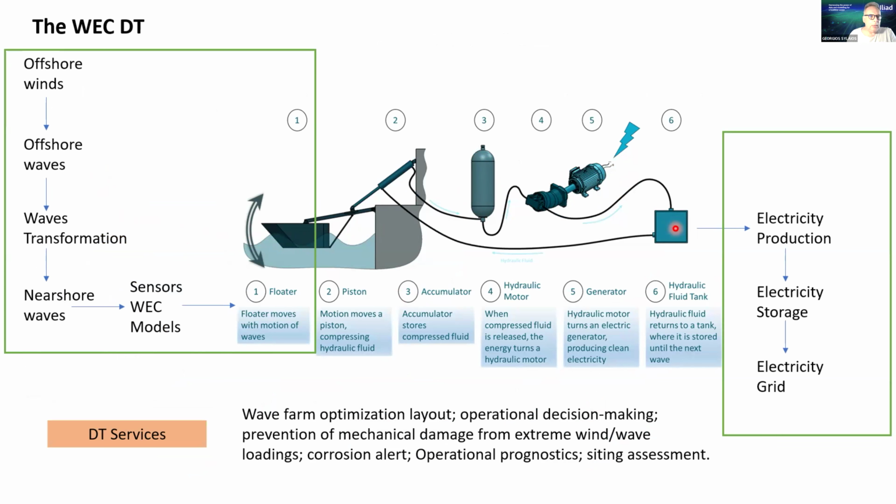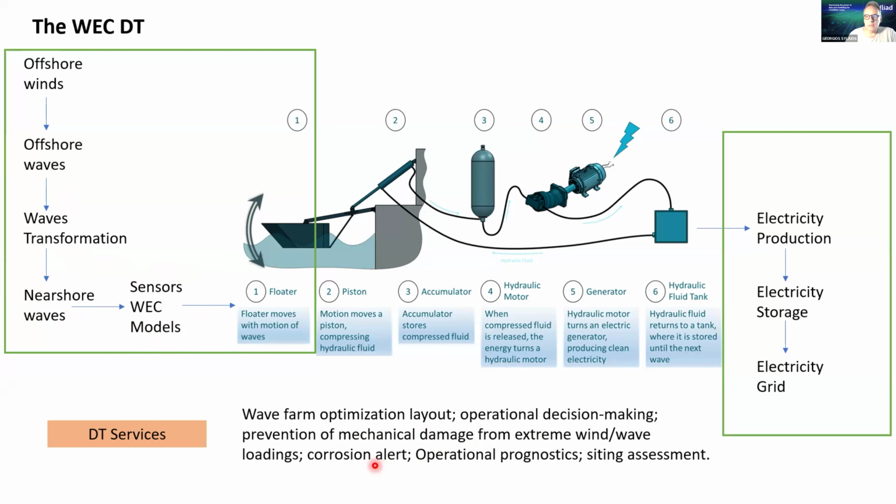So what we need, of course, is to provide to the developers of the system the offshore winds, the offshore waves, the transformation of the waves, the nearshore waves, and then a series of sensors near the wave energy converter and a series of models for the forecast, so that they are able really to optimize the layout, to optimize any operational decision making, to prevent mechanical damage, especially under conditions of extreme waves, to prevent the corrosion alert.